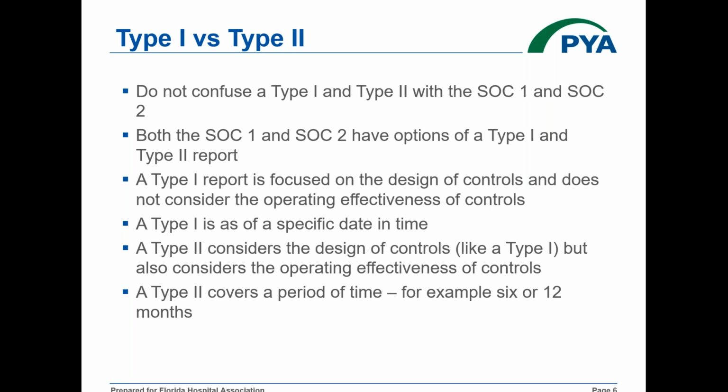So we'll start with the Type 1. The Type 1 report is focused on the design of controls and does not provide for testing of the operating effectiveness of controls. So, for example, let's say that we have a SOC 2 Type 1 report.